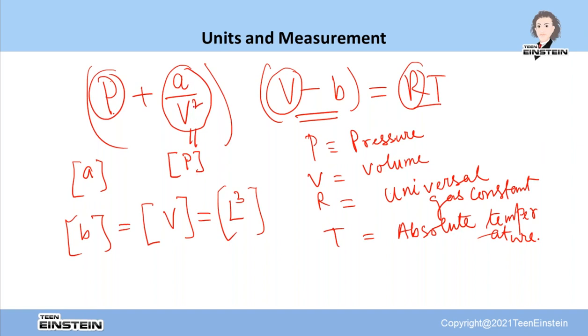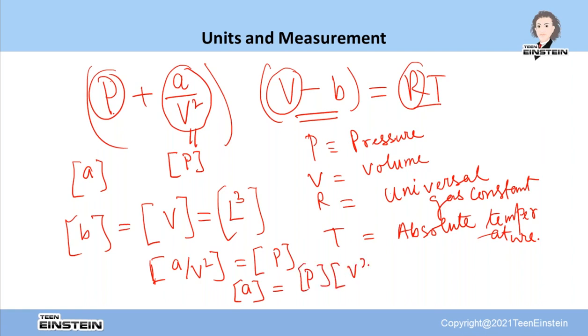So if this has to be the dimension of pressure, and V is volume, let us write: I have to find out A by V square, and this is the dimension of pressure. I don't know the dimension of A, I'll just keep it there. I know the dimension of pressure and the dimension of V square.